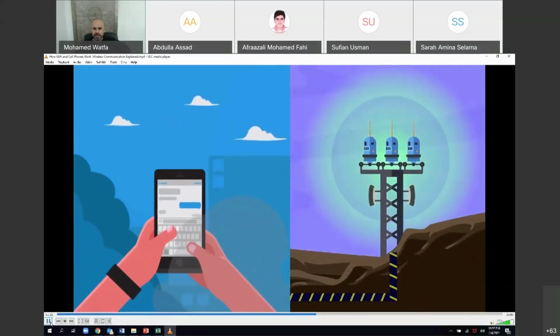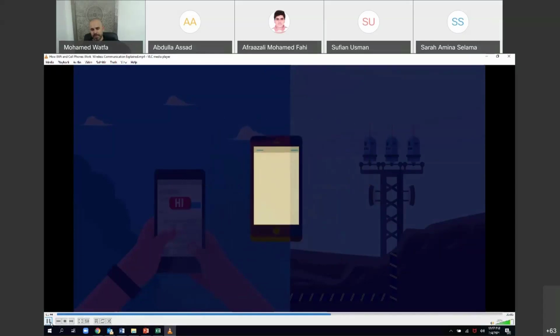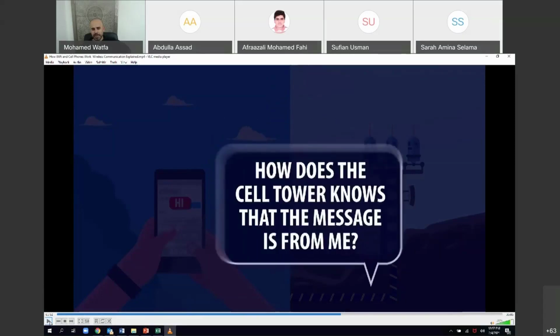From the tower to your friend's phone is another wireless jump, and finally, your friend hears the familiar ping. How does the phone know where the cell tower is? It doesn't, and it doesn't need to. Your phone broadcasts your message in all directions for anyone to listen to. But don't worry, your message will be encrypted, and only the cell tower can decode your message.